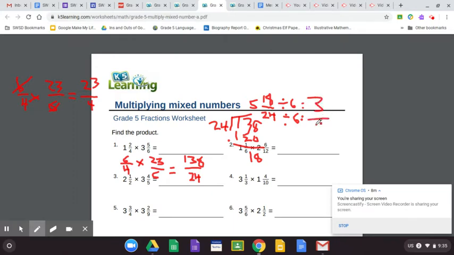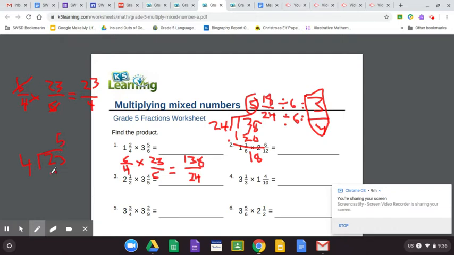So the answer for this one is 5, because you have the 5 over here, and 3/4. So if you did the cross canceling, you would end up with this over here, the 23/4. You would do the same thing. You would do 23 divided by 4. How many times does 4 go into 23? Which it would be 5.